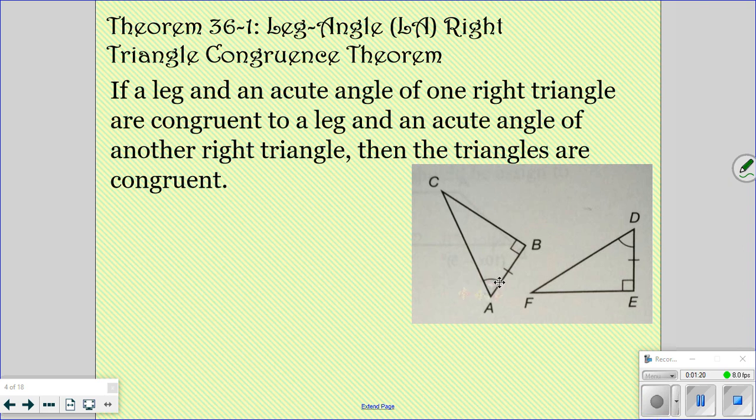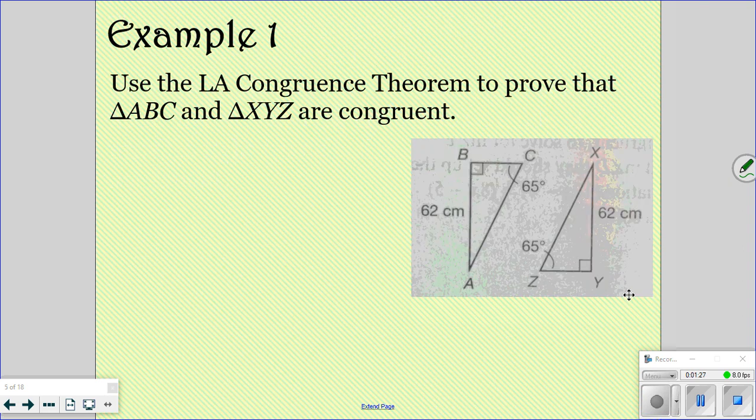So we have an angle and a leg and our right angle. So we want to use the LA congruence theorem to prove that the two triangles are congruent. So we can do a 2-column proof here, or we can do a paragraph proof. It's not a long proof, so I'm going to do a paragraph proof.